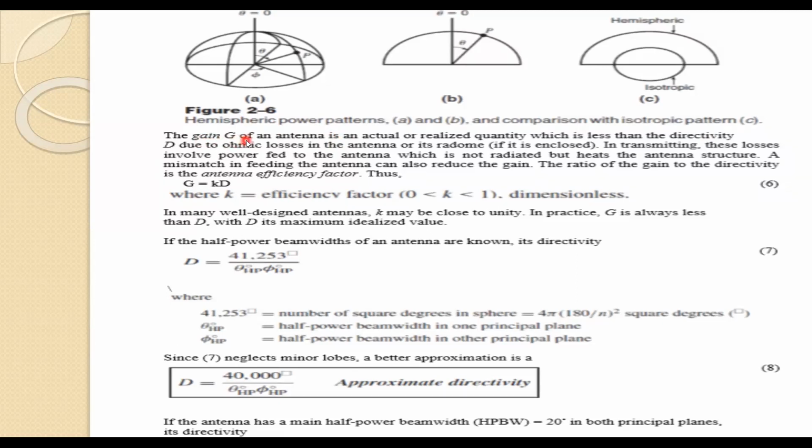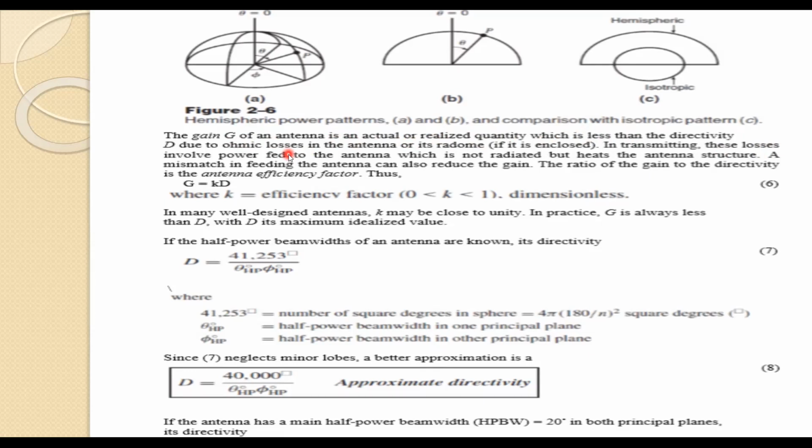From that hemisphere power pattern, the gain G. The gain of an antenna is an actual or realized quantity which is less than the directivity due to the ohmic losses. In this slide you are watching the relationship between directivity and gain.